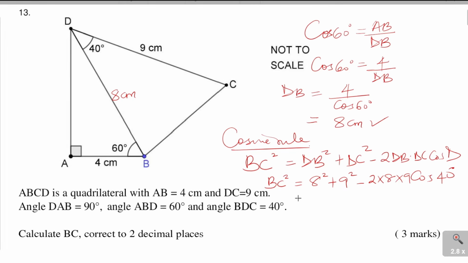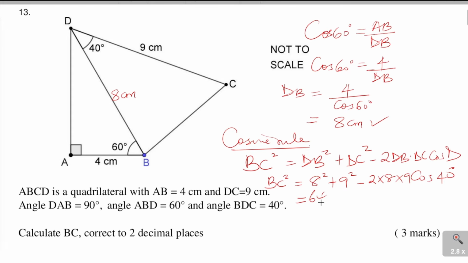So this gives 64 plus 81 minus 144 cosine of 40. When you simplify using a calculator, you get BC squared is equal to 34.696.